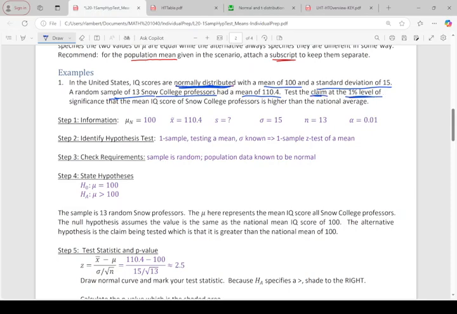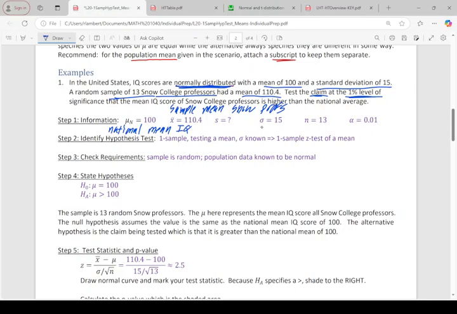So it's helpful to write what you were told down. So this right here is going to represent the national mean IQ. So the little capital N subscript is for national. The X bar is the sample mean of Snell professors.